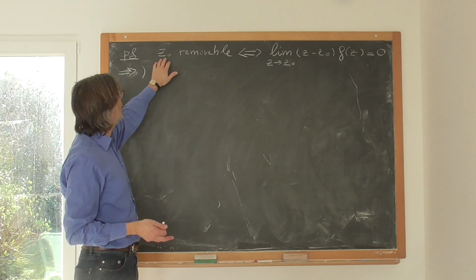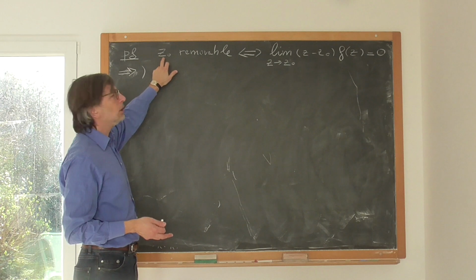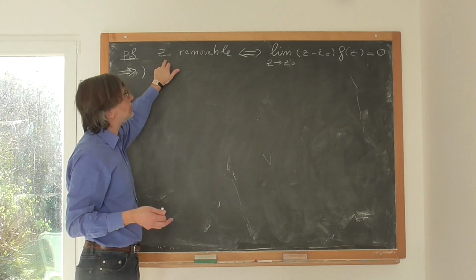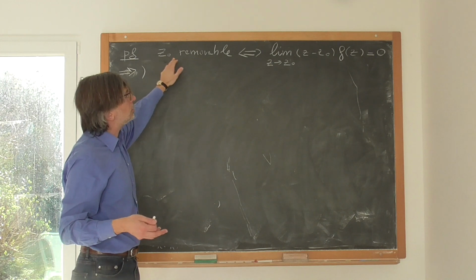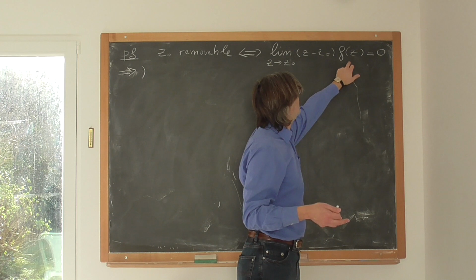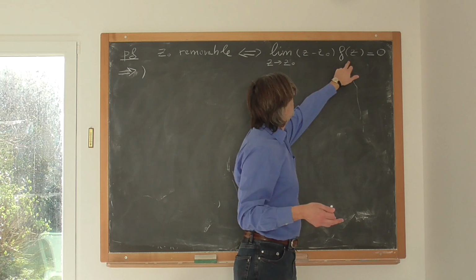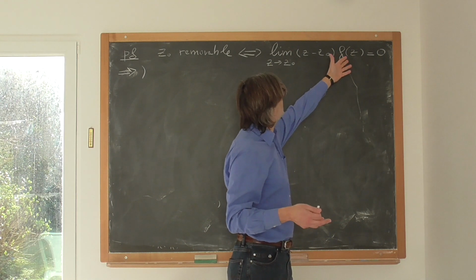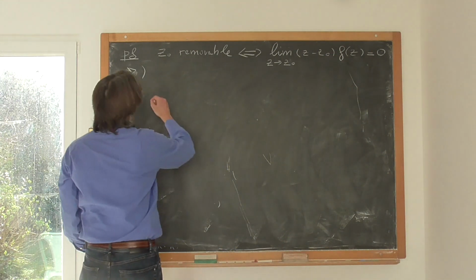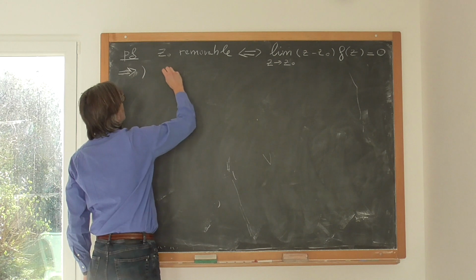In particular, the extended function will be continuous at z0. Holomorphic functions are continuous. And so if it's continuous, then this limit is 0 because f of z is converging to the value of this extended function at z0, times (z minus z0), everything is going to 0. So this implication is clear.